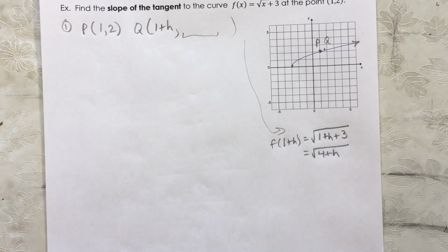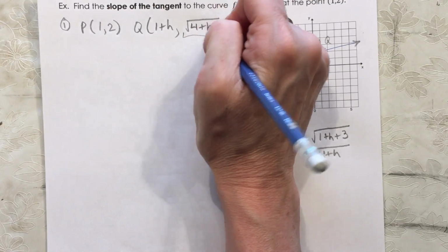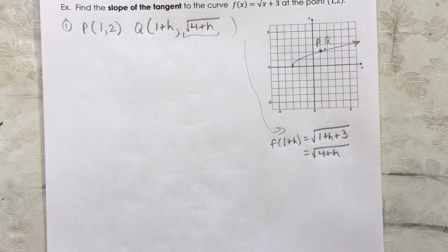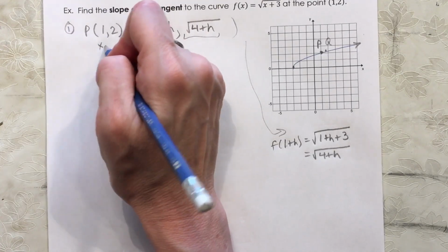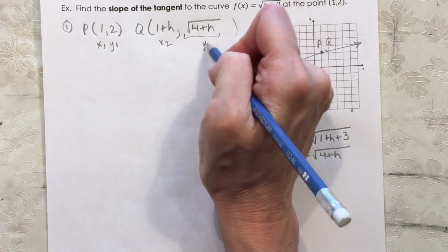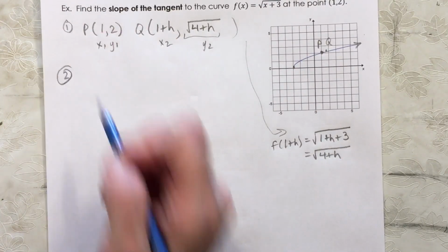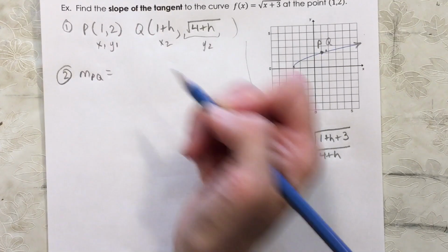And that's the best you can do. So we're going to have a square root here. So there's our step 1. We've got our point P, (x1, y1), and our point Q, (x2, y2). So step 2, we want to find the slope of the secant, or the slope between points P and Q.